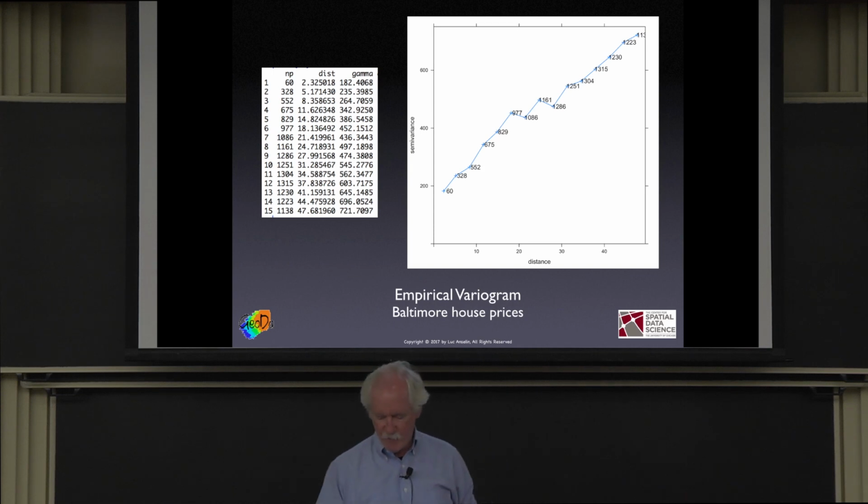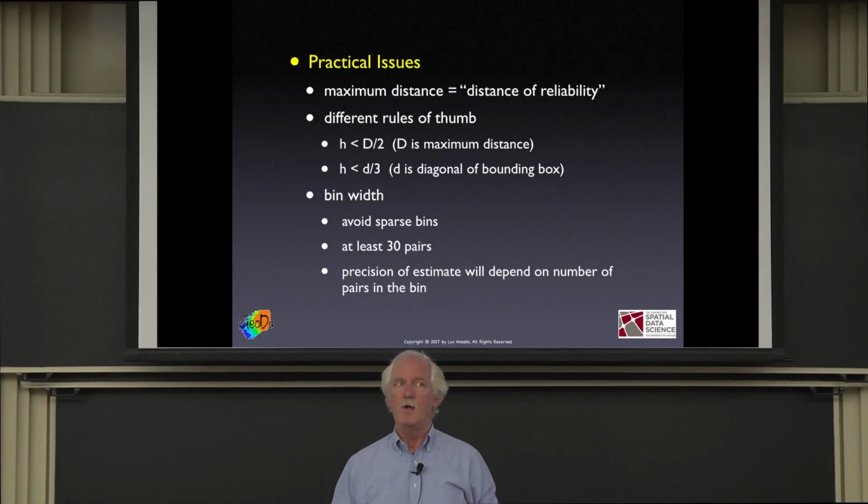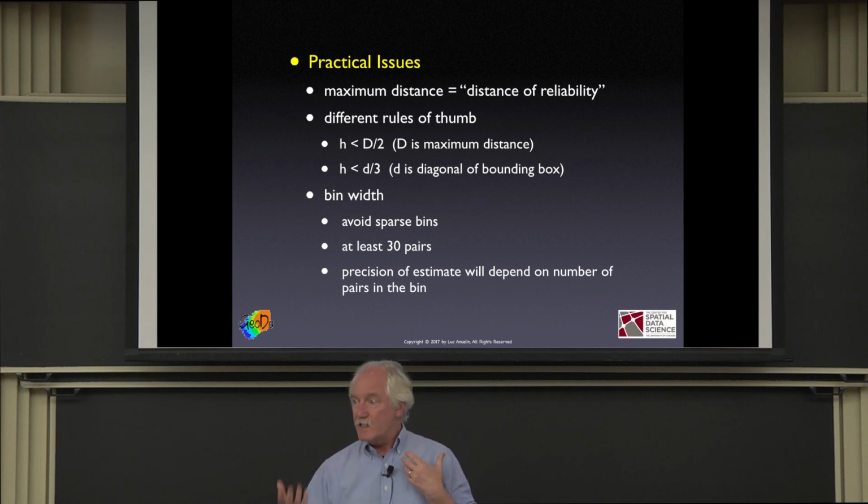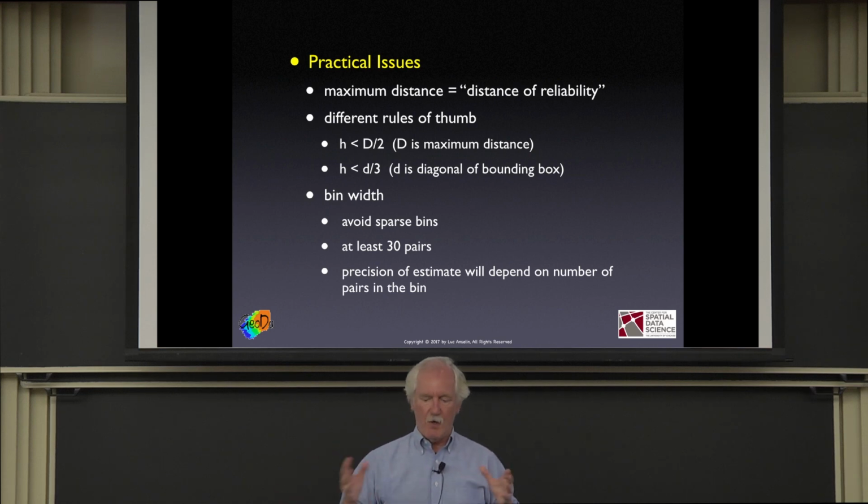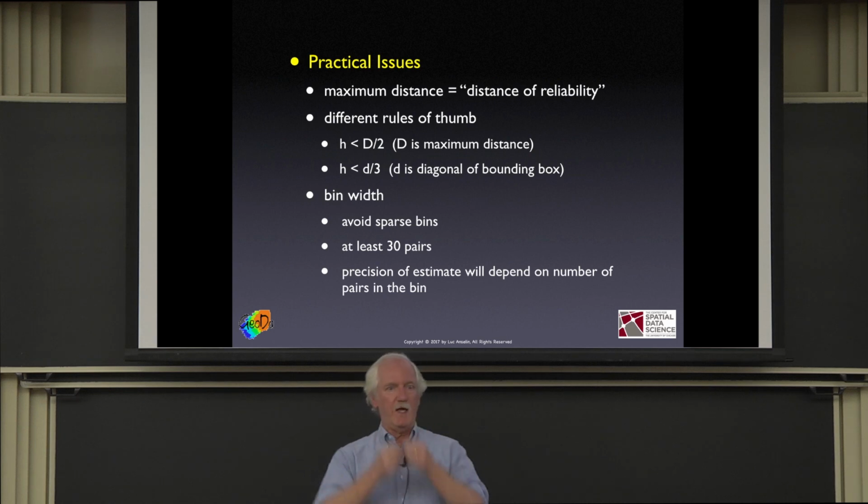Just like I mentioned before, there's a bunch of rules of thumb. I'll talk about this in the lab. Half the maximum distance, a third of the diagonal of the bounding box, at least 30 pairs per bin, all this kind of stuff. The bottom line is, because these are summary estimates, the number of pairs that you take into account matters.